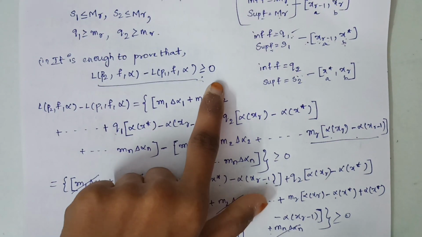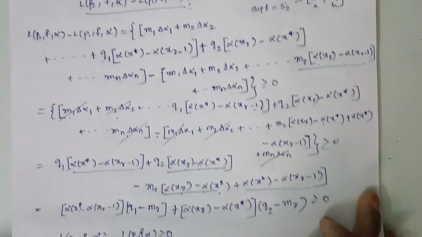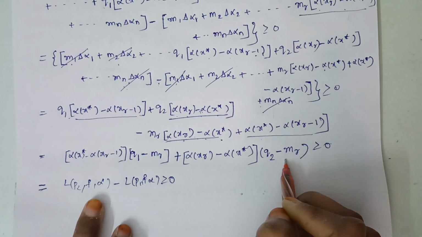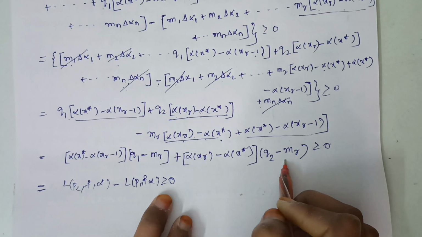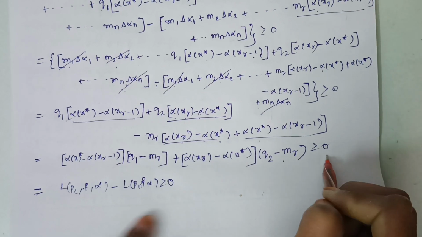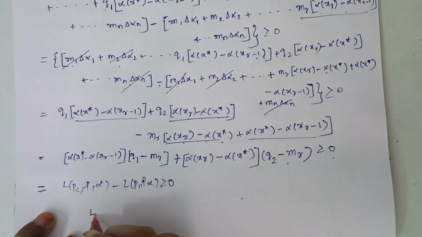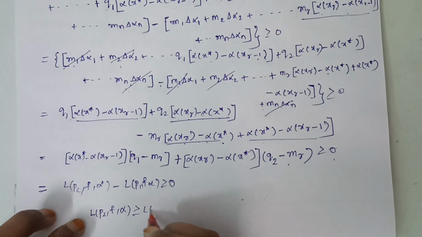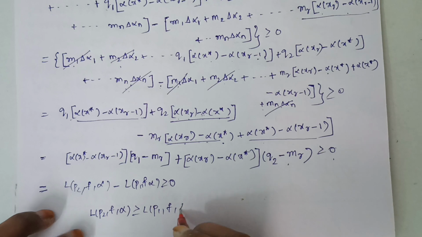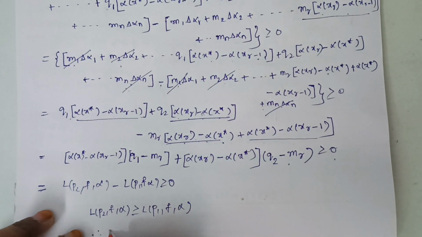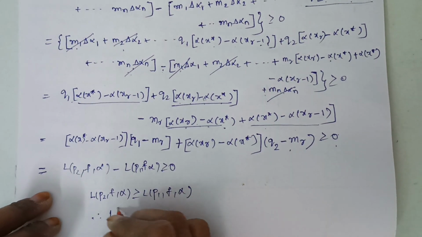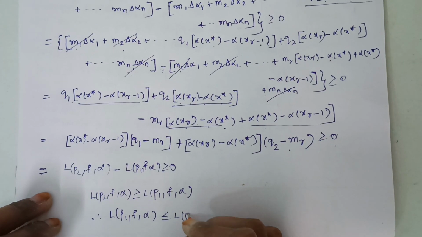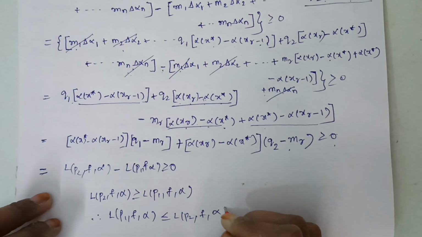So this is greater than or equal to 0. Then I substituted here. This total term is nothing but L of P2, F, alpha minus L of P1, F, alpha, which we got greater than or equal to 0. And then L of P2, F, alpha is greater than or equal to L of P1, F, alpha, which we can write as L of P1, F, alpha is less than or equal to L of P2, F, alpha.